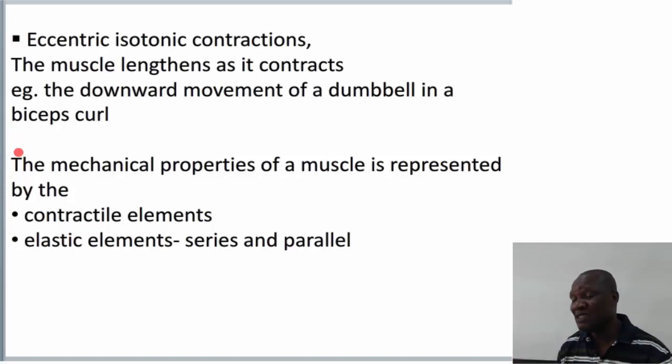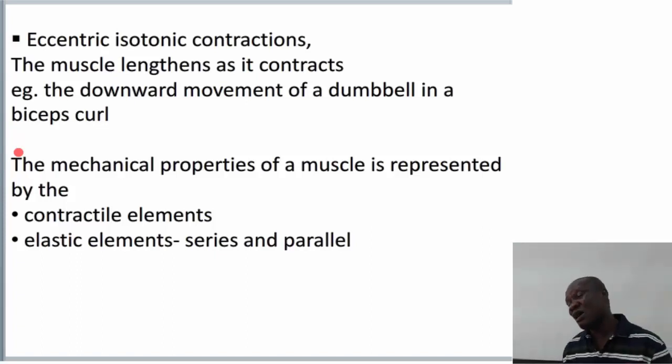Now, for instance, in isometric contraction, the muscle length remains the same because, even though the contractile elements are shortening, the elastic elements will stay the same, so the muscle will look like it's not contracting. If you're depending on the muscle length, then you think it's not contracting, though power is being generated.